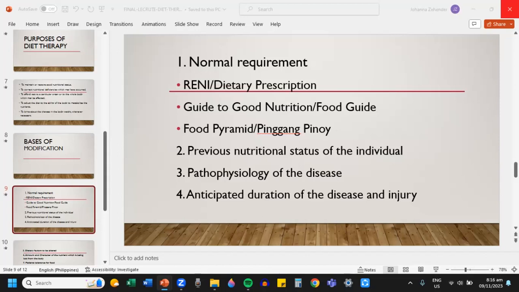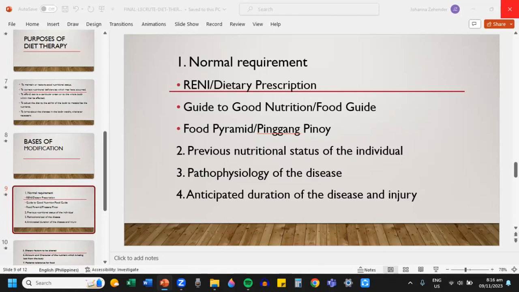Next, you also have the anticipated duration of the disease and injury. So, sino dito naka-experience na mag dental visit like mabunutan ng ngipin, 'di ba? Right, or mag-undergo ng braces, magpalagay ng braces.